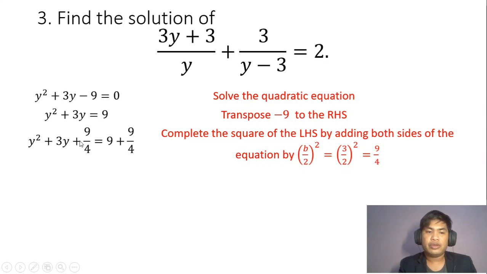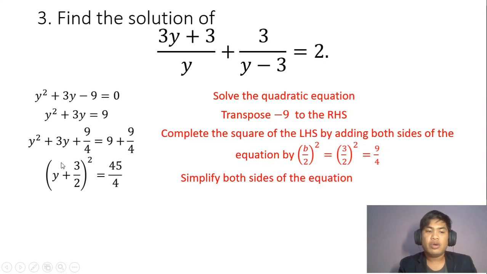So this is already a perfect square trinomial, so that would become (y + 3/2) squared. Plus, this is just 4 times 9 is 36, plus 9, that is 45 over 4.